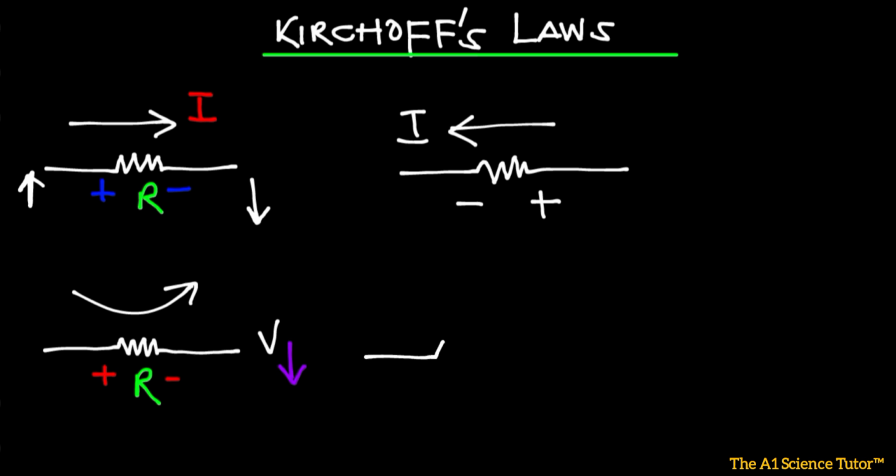Now, you could also have it the other way. Let us say you have something like this and you moved in this direction. Now, if you had negative and a positive here, this is also going to be a voltage drop because the direction of the loop is in a negative direction. So there is obviously still going to be a voltage drop or potential drop. Now, you could also have another one.